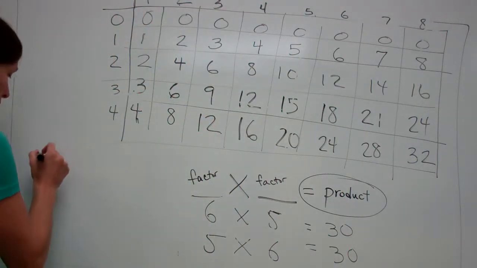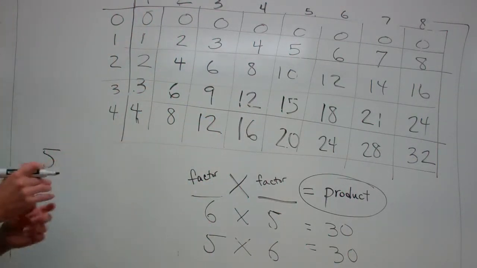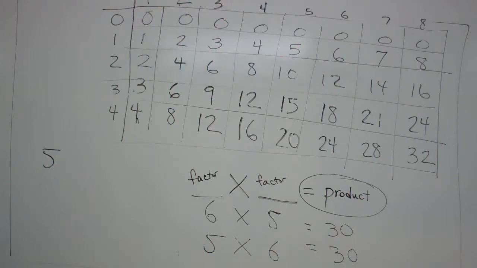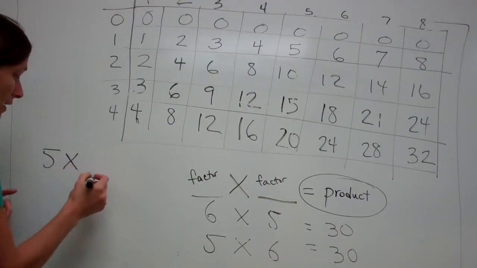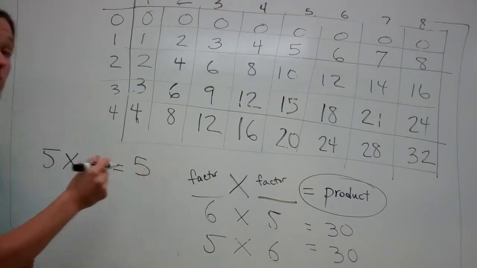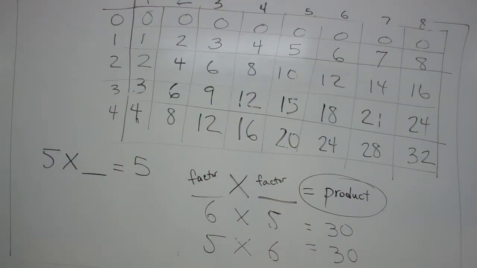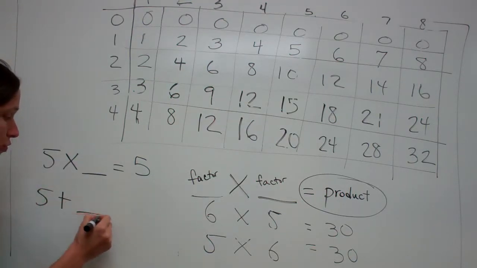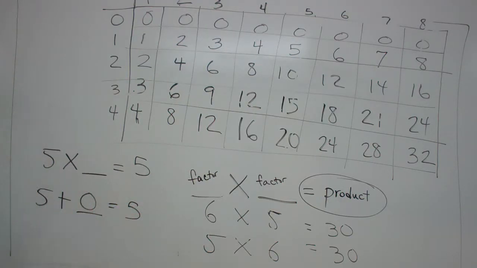And then remember how I was talking about the identity? What can I multiply 5 by to keep my identity? 1. But with adding, it was 0, because if I added 5 plus what equals 5, you would have said 0, right? But 5 times 0 equals 0.